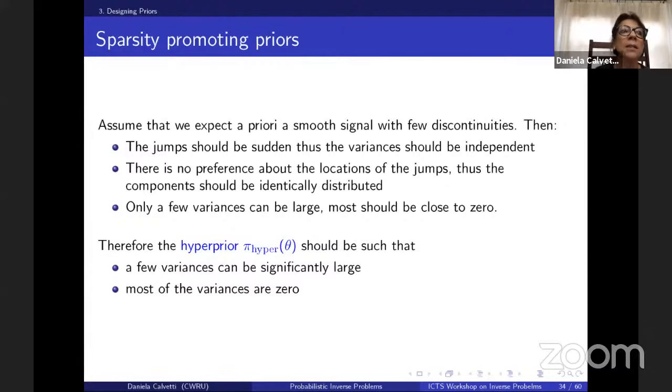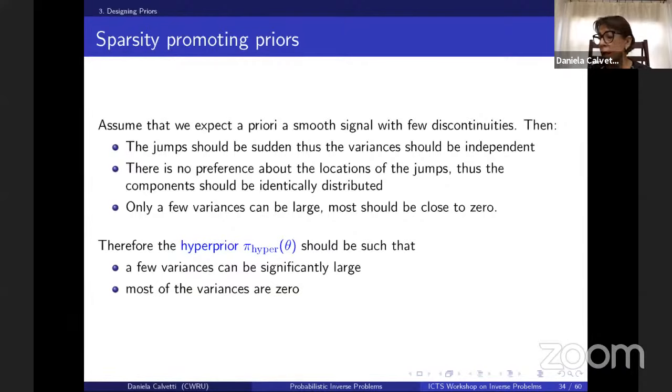Then, if we truly do not know the locations of these jumps, we would like the variances to be identically distributed. Whatever the distribution is that makes these jumps possible, but not many, it should be the same at all locations.